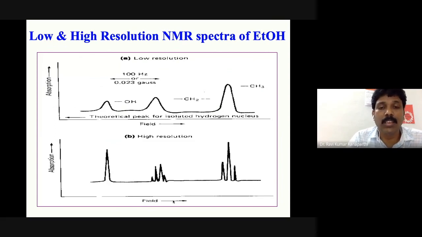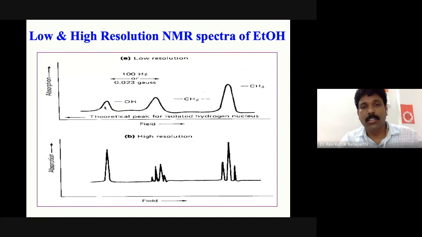As you can see, in the upper low resolution NMR spectrum the peaks are broad, whereas in the lower one the peaks are very sharp. You can see the low resolution here and the higher resolution here.